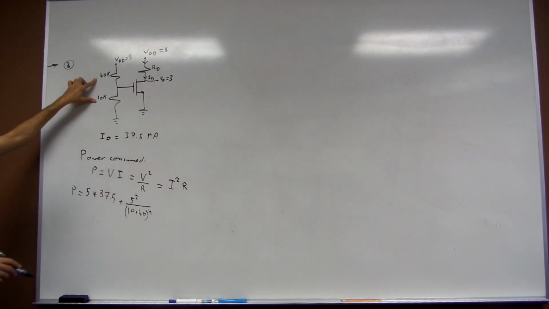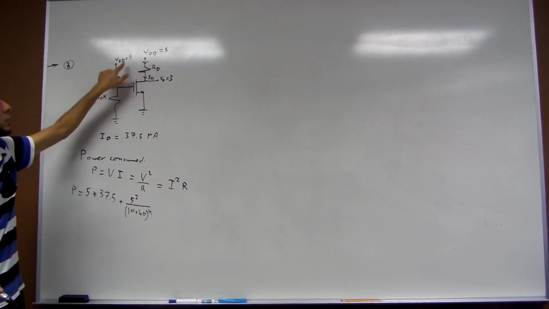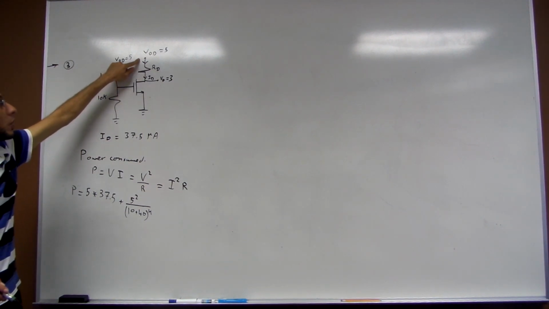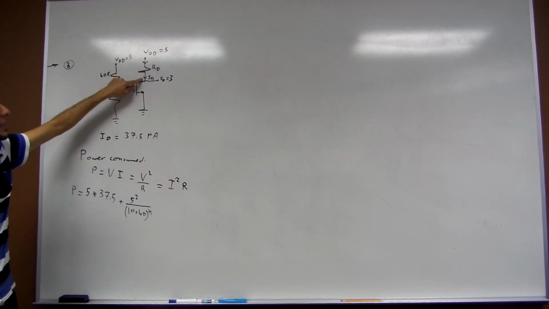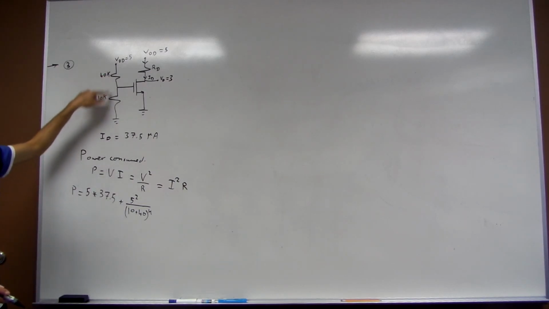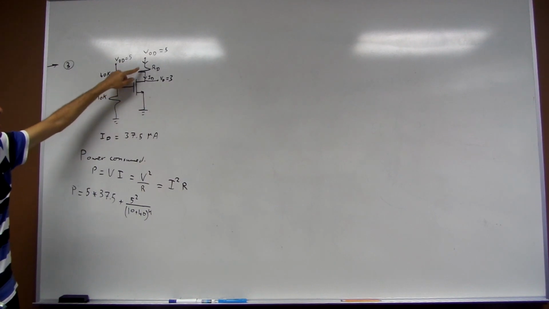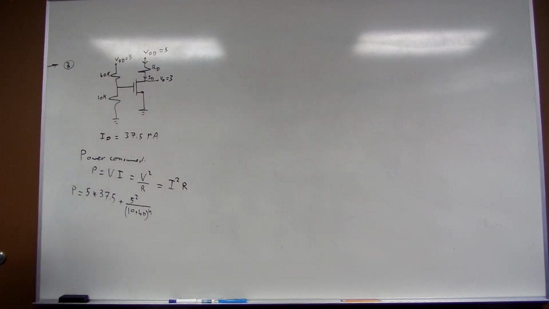So what I've done is that these are basically two batteries. One of them supplies the current ID, and the other one supplies some current that passes through these two resistors. The current that passes through these two resistors will consume some power, and the current passing through this resistor and the transistor will consume some other power.